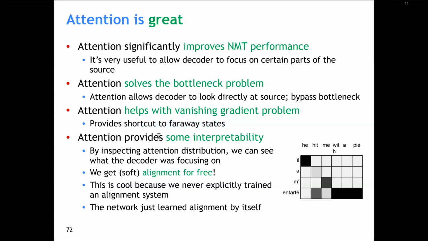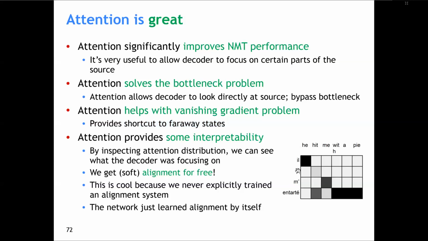And the cool part of attention is that it automatically provides you some interpretability. You still remember this chart from the alignment, right? The alignment is very important for machine translation.